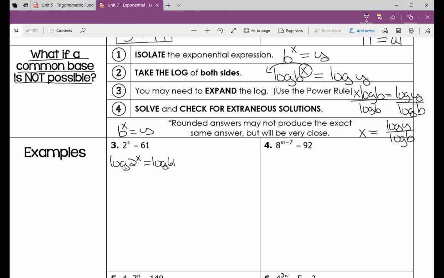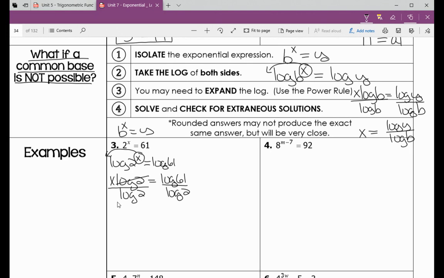The next step, once I log both sides, what you do next is pretty much the same every time. Whatever your exponent is, I don't care if it's just x or x minus 4, x plus 2, we're going to pull that out in front as a multiplier. And then we're going to divide both sides by the logarithm attached to x.